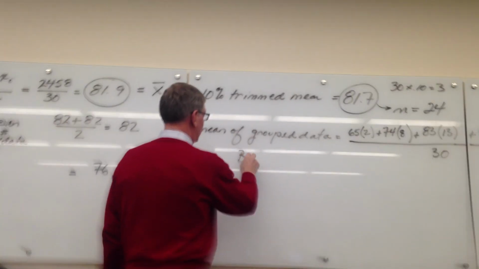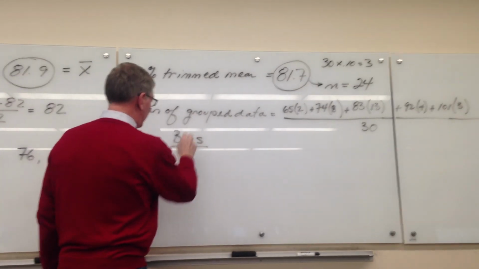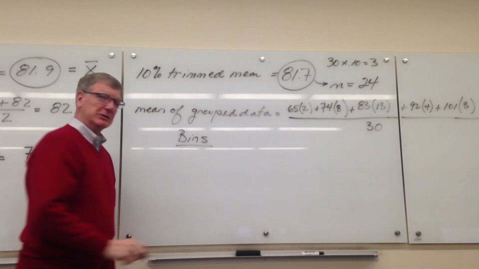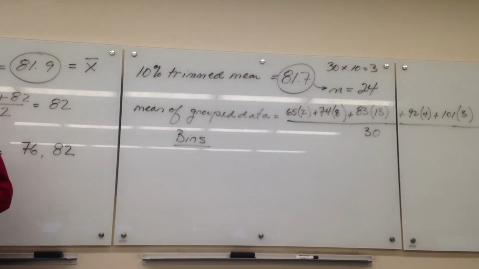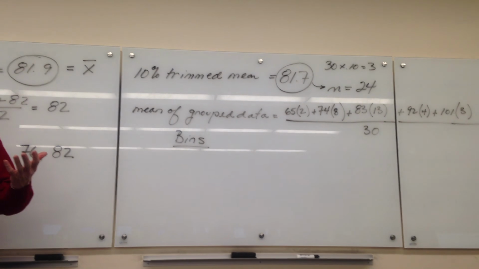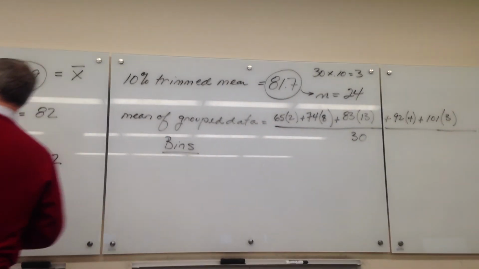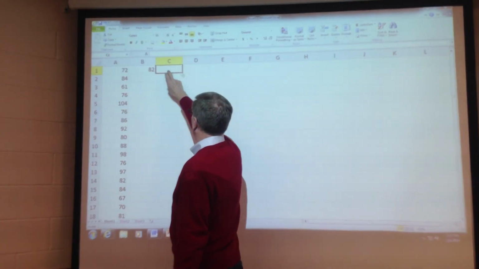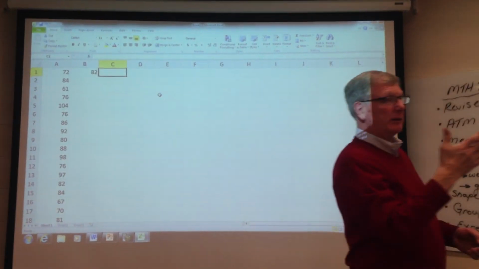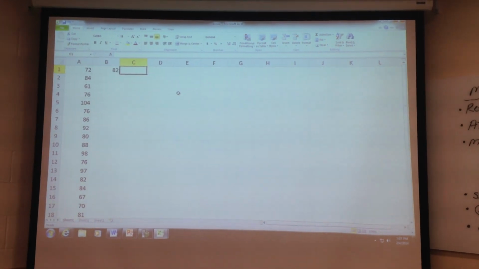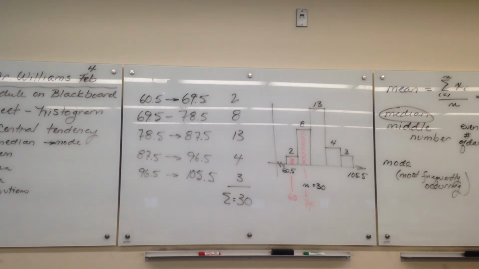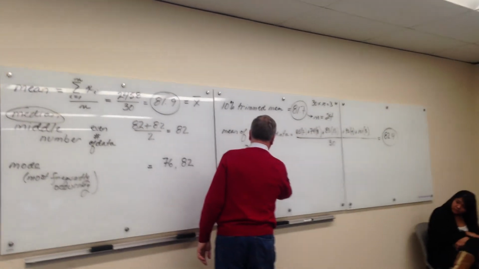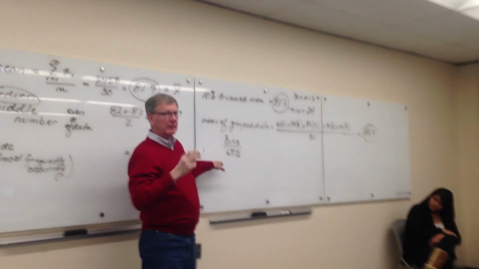So we need to make a list of our bins. That's Excel's term for the upper boundary. Let's put it over here in column C, start Kyle. We need to put the upper boundaries. So we put 69.5, the first upper boundary we wanted.